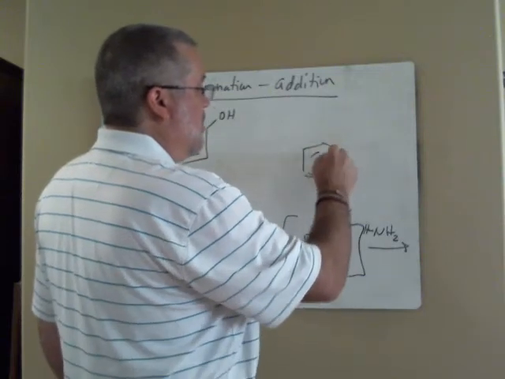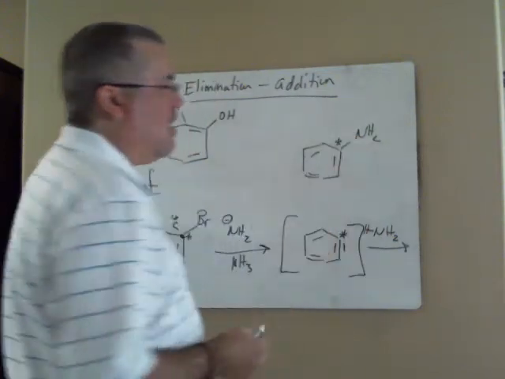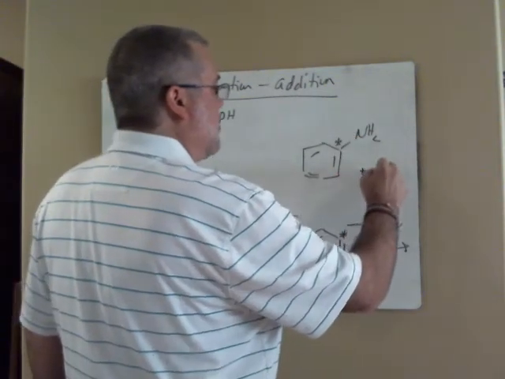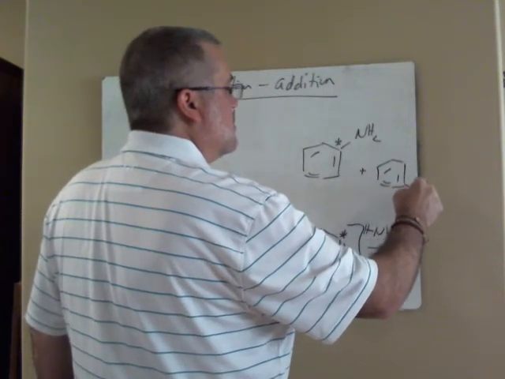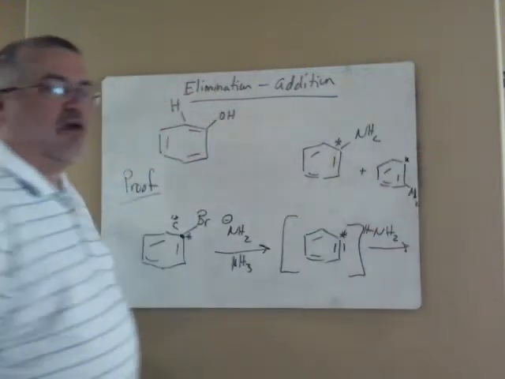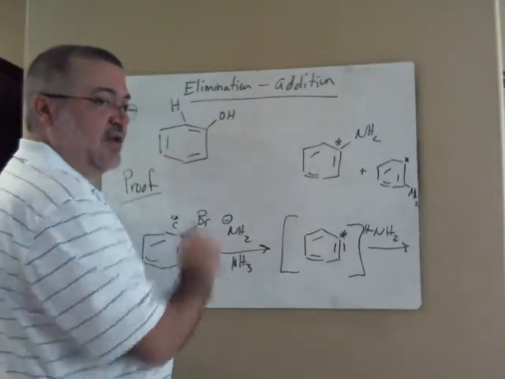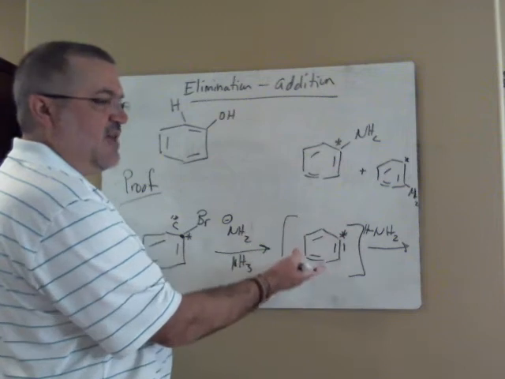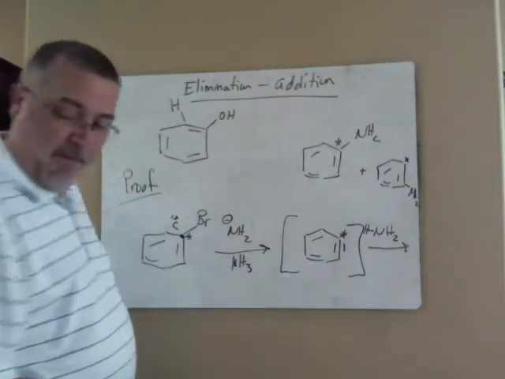You get one product where the NH2 is on the labeled carbon, and then you get the other product where it is on the other. The only way that could happen is if it went through something different than the Meisenheimer complex, and certainly a benzyne intermediate would establish that. All right?